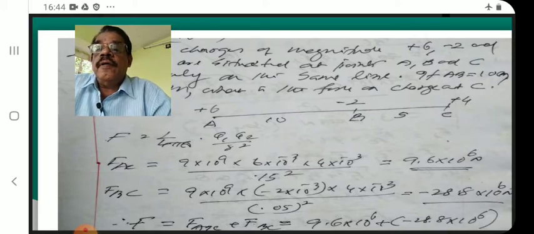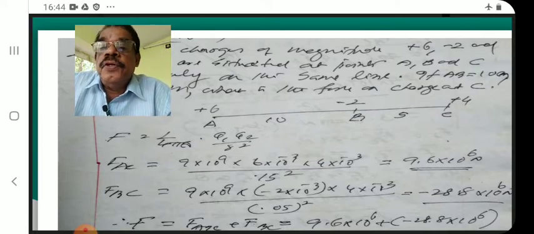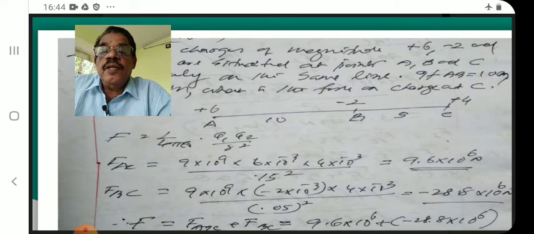Force between A and C, FAC. We apply the formula F is 1 by 4 pi epsilon 0 Q1 Q2 by R square. So FAC equals 9 into 10 raised to 9 into 6 into 10 raised to minus 3 into 4 into 10 raised to minus 3, all by 0.15.